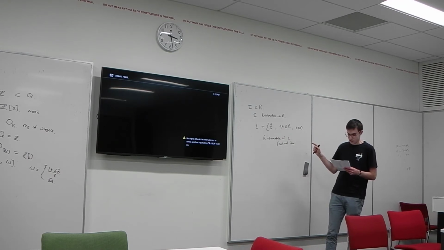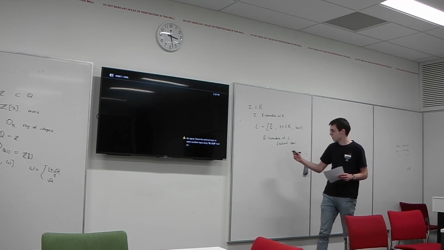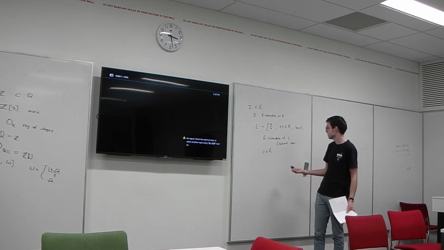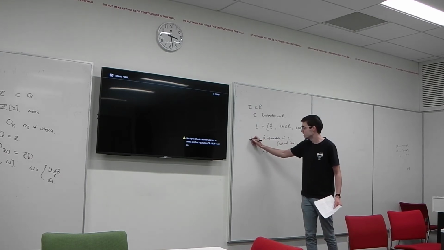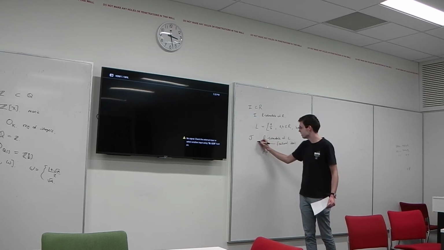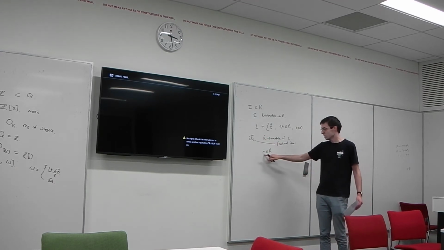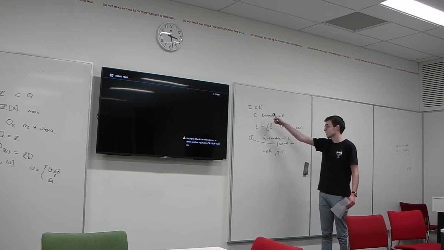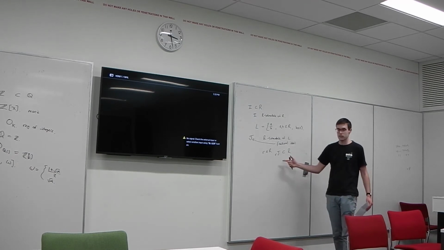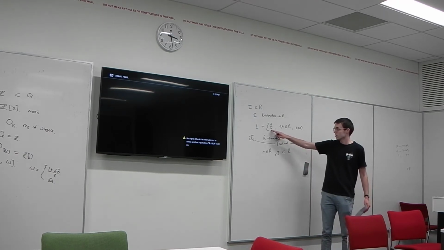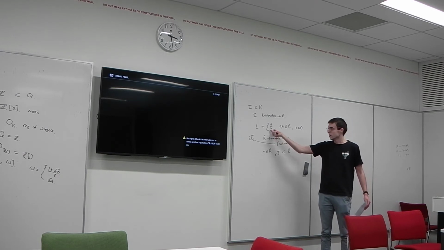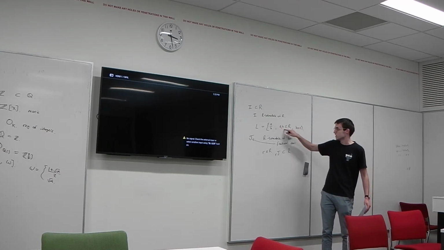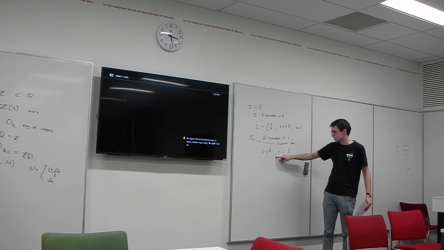But the key is that if J is a fractional ideal, we can always pick an element r in R such that r times J is contained in R. You can think of this as clearing the denominators. If we've got a whole bunch of fractions, you can always find a number which you multiply through that clears out all the denominators, and then you really do have just elements of the original ring. So this is an ideal.